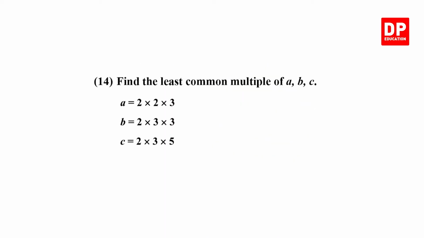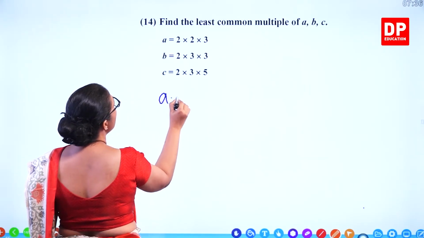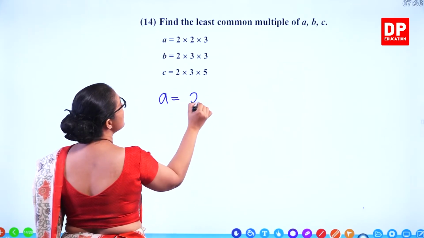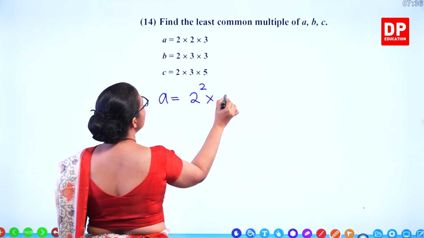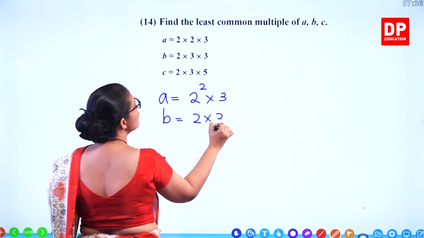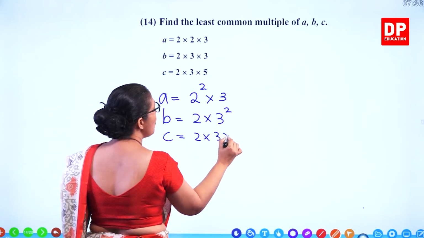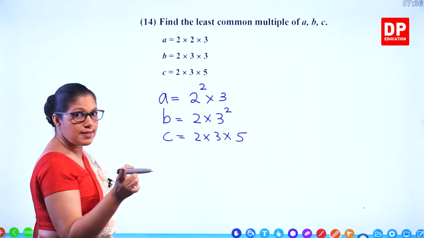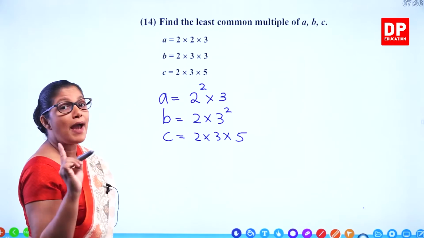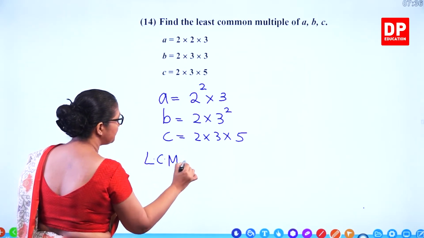Question number 14. Find the least common multiple of a, b, c. So a, you can write down, this is 2 to the power 2 and 3. What's b? 2 and 3 squared. C is 2, 3, 5. So when you are taking distinct factors, you have to take the maximum power for the lowest common multiple.